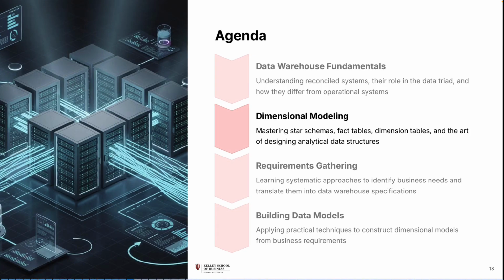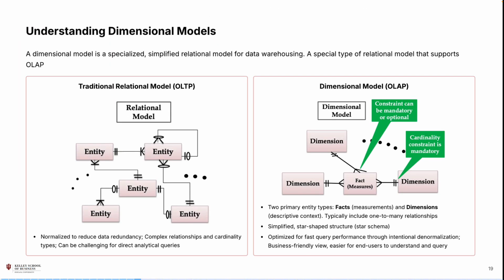Now let's move to dimensional modeling. The data model behind the data warehouse is called the dimensional model, which is a specialized, simplified relational model that supports OLAP. The traditional relational model, OLTP, is heavily normalized, resulting in complex relationships.